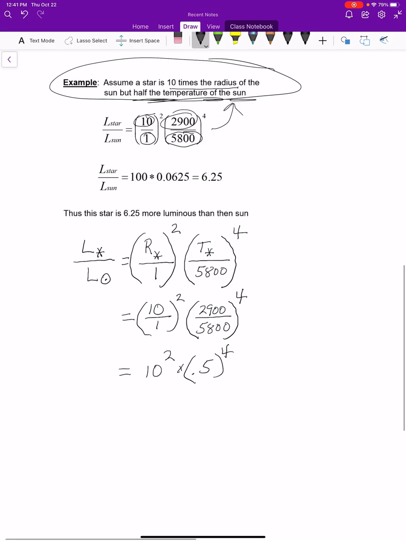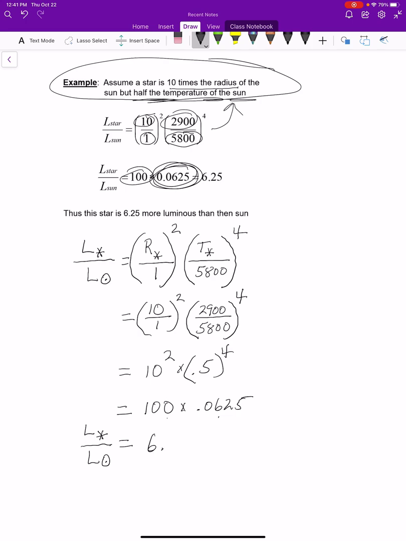Then 10 squared, 10 times 10, is 100, so that's where this number comes from, times, if you put 0.5 in your calculator and raise it to the 4th power, you get 0.0625. That's where this number comes from up here. So you multiply those together: the luminosity of the star compared to the luminosity of the sun is going to be 100 times 0.0625.